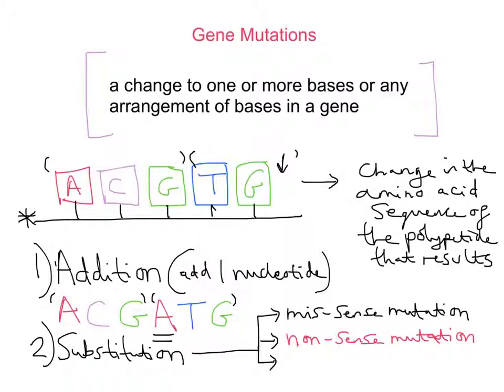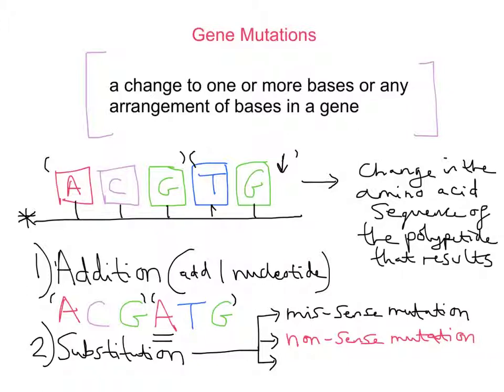So when we've transcribed messenger RNA from our gene, when we're going to synthesize a protein, and then we translate that messenger RNA, we form a polypeptide chain, but with a stop codon, we terminate that chain, if you like. So this mutation might prematurely terminate that chain that we're forming.